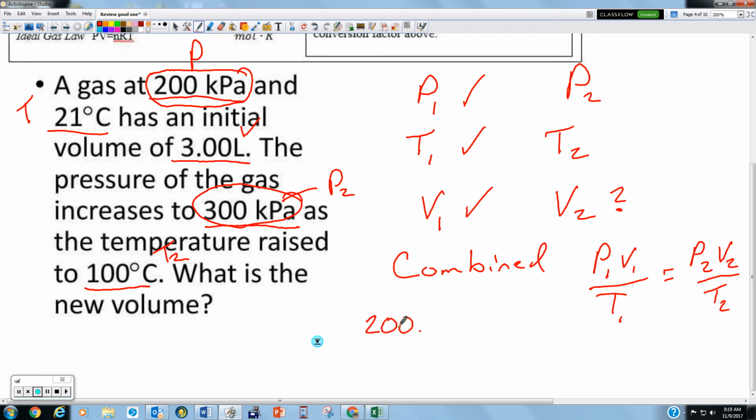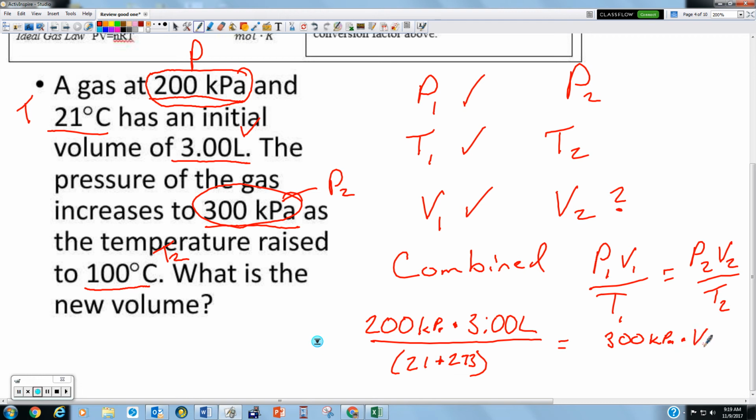So we would go 200 kPa times the volume is 3 over the temperature. It's 21 degrees Celsius, so I'm going to add 21 to 273, equals our new pressure of 300 times our volume, that's what we're solving for, over 100 plus 273.